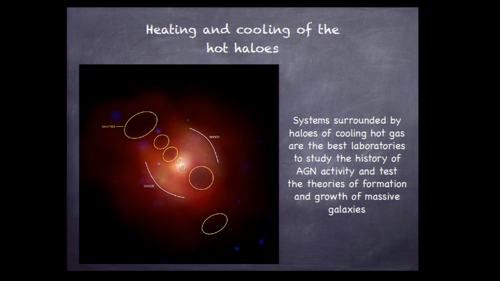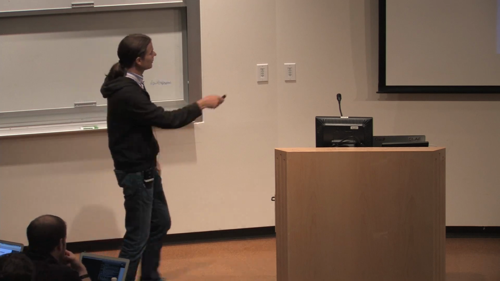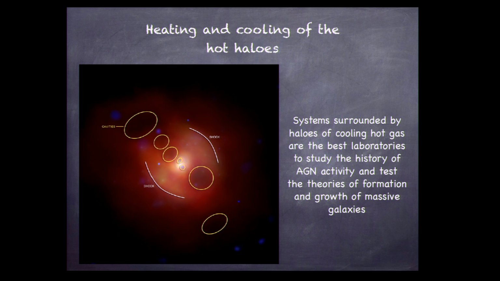Within these bubbles, to our knowledge, there is not much X-ray gas. As they expand, they push the X-ray gas out from this volume. And from the work required to inflate these bubbles, we can calculate the jet powers, and here we can see how the jet power changes over time.